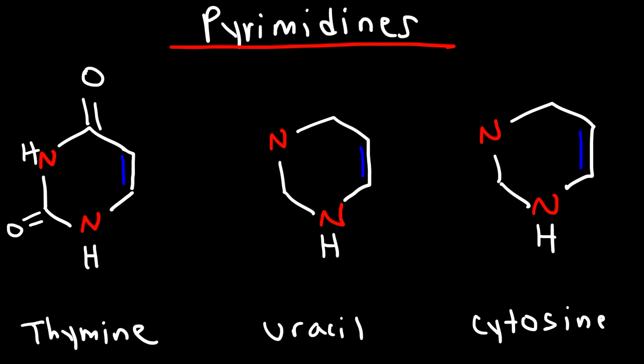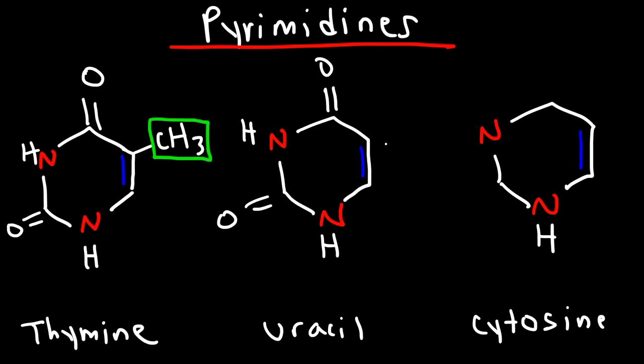So that's thymine. Now uracil looks very similar to thymine with one key difference. Thymine has a methyl group, but uracil does not. And so that's the difference between thymine and uracil. Uracil has a hydrogen. If you don't see it, it's an invisible hydrogen, but it's there.